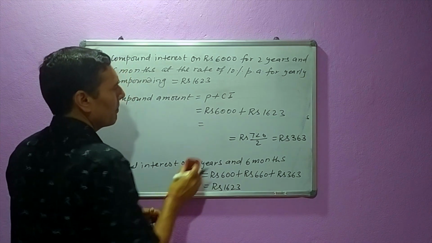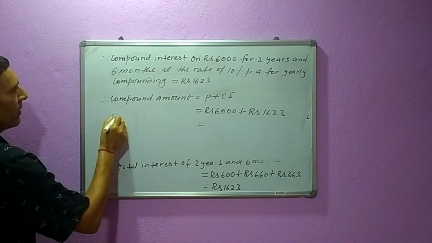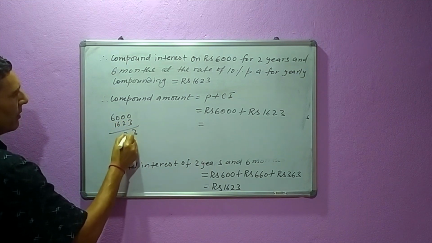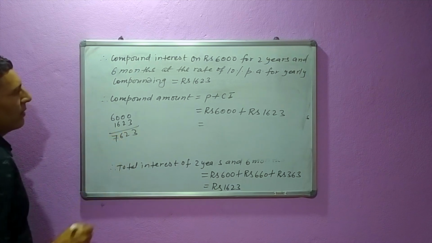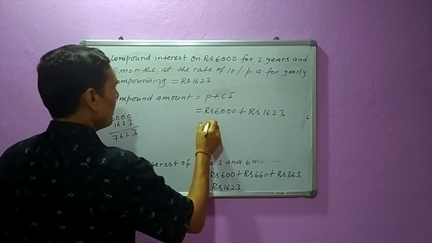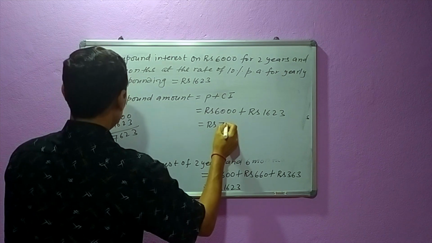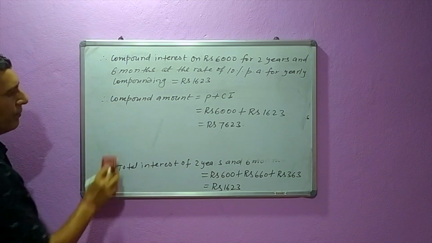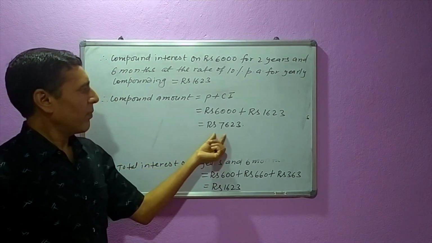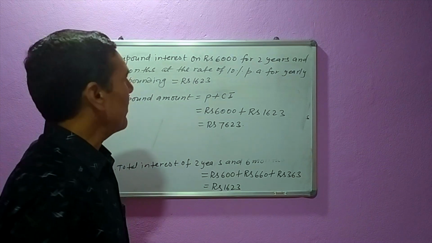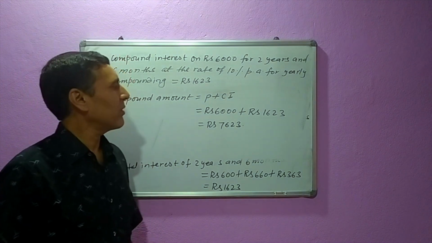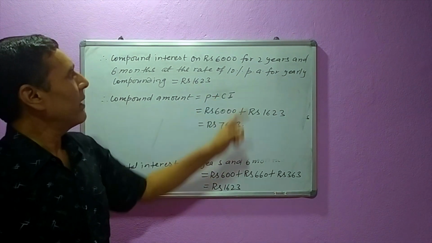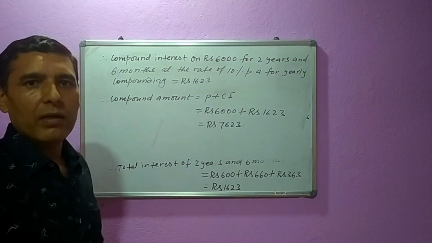So it becomes 7,623. So this is the compound amount. Okay, this is the compound amount and compound interest we have calculated for the given sum of rupees 6,000 for 2 years and 6 months at the rate of 10% per annum for yearly compounding.